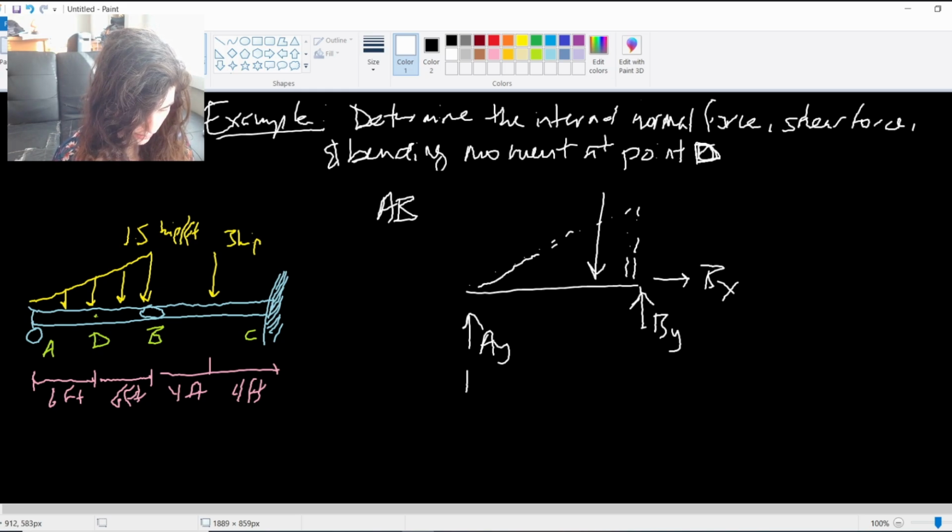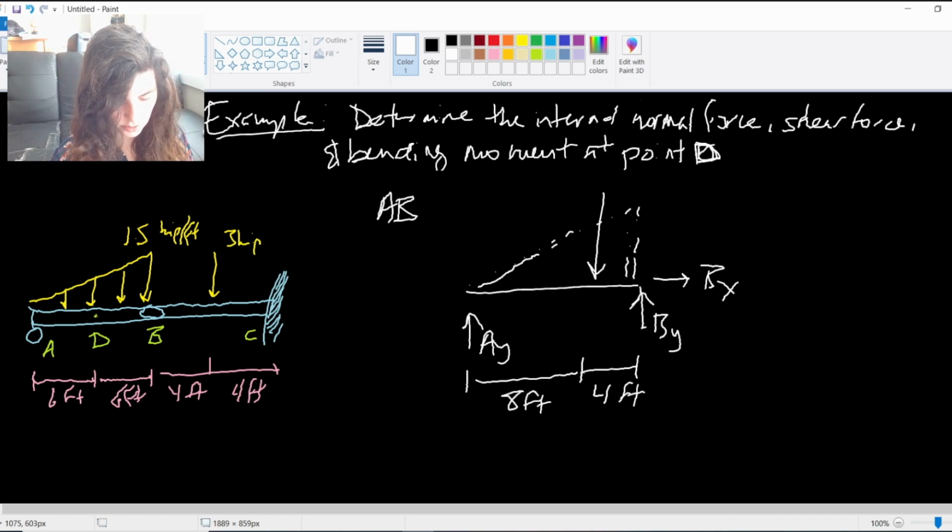So it acts 1/3 of the way in from the tallest side. A to B is 12 feet, so 1/3 of 12 is 4. So it acts 4 feet in from the tallest side of the triangle.